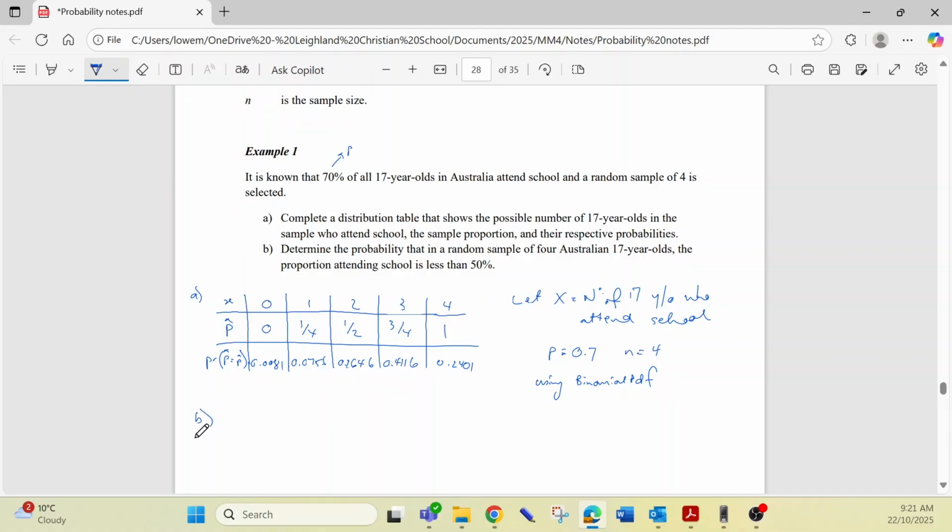Part B, then: what is the probability that in a random sample of 4 Australian 17-year-olds, the proportion attending school is less than 50%? So less than 50%, we're looking at this here, in other words, 0 or 1.